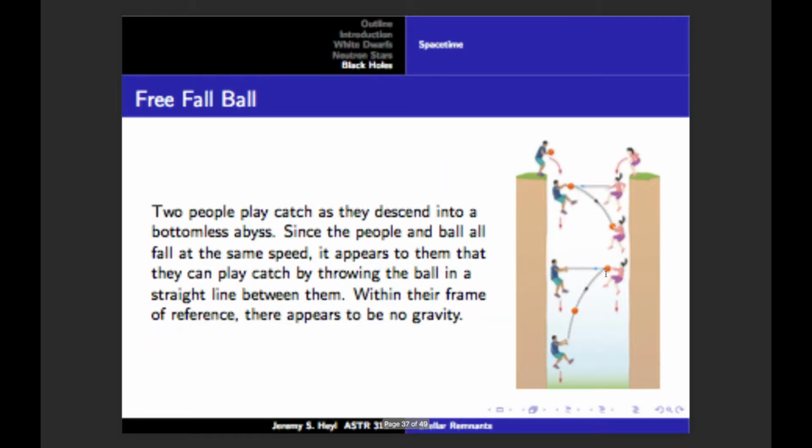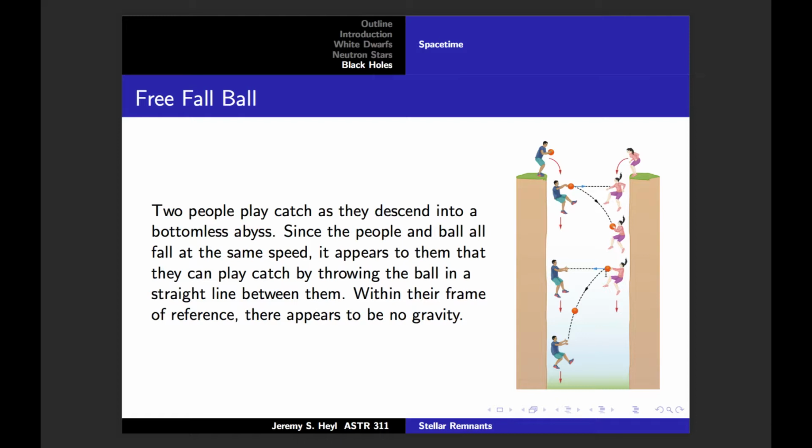Here's another example. If I'm throwing a ball, people see this in space, people in orbit, you throw the ball and it goes in a straight line. But if two of you jumped out of a plane, before you stopped going really fast, you could throw a ball back and forth, and you wouldn't have to arc the ball.